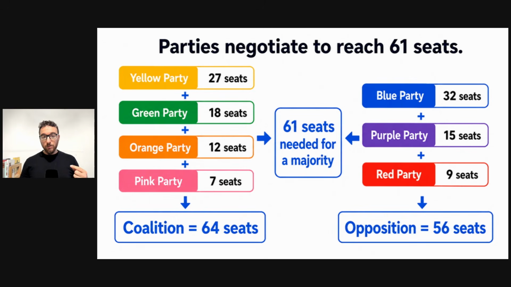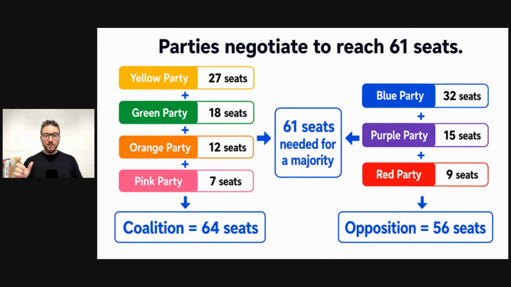So much so that pink can come to yellow, for instance, and say, you're either going to get nothing and blue is going to form a government, or I'll join you, you form a government, but me, the head of the pink party, I want to be prime minister. And yellow might say, fine, even though pink is a smaller party, this is our ticket to forming a coalition.